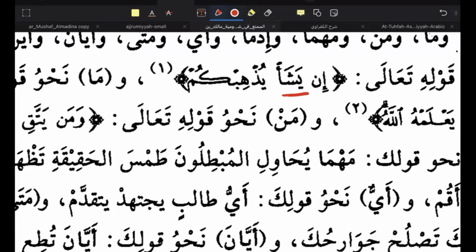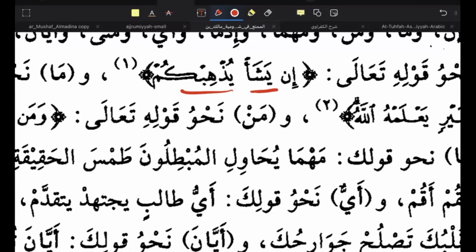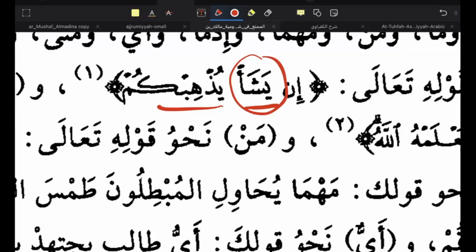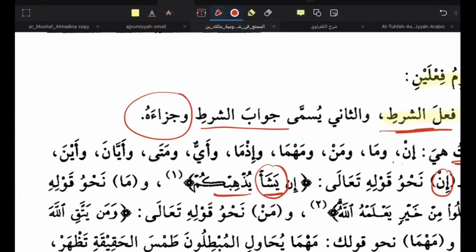And the second verb, right after that, is called جواب الشرط, the answer. By the way, what is the verb here? It is شاء, يشاء. This is the verb that we say when you say inshallah, if Allah wills or wishes. So this is the verb he's using.